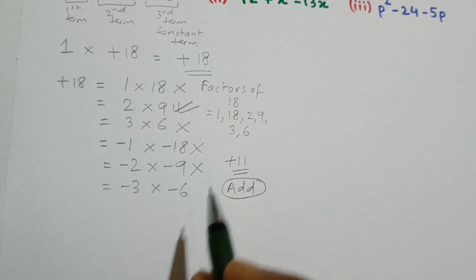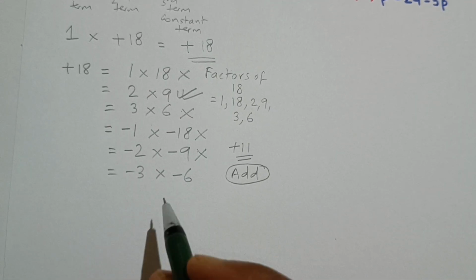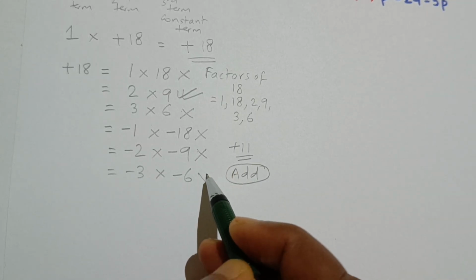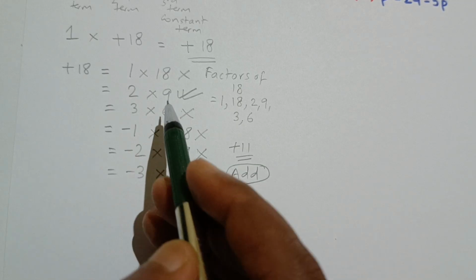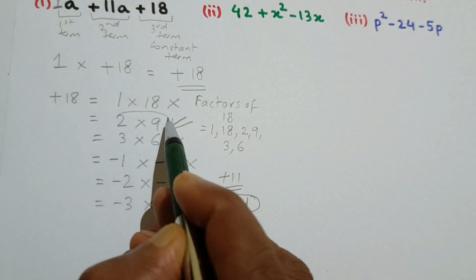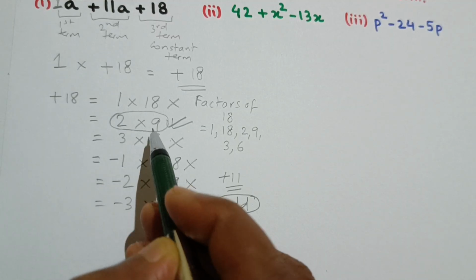So this is also not that pair. And minus 3 and minus 6. If you add them, what do you get? You will get minus 9. No, this is also not the pair because I want plus 11. So out of all of them, this is the pair. 2 and 9, or you can say plus 2 and plus 9.